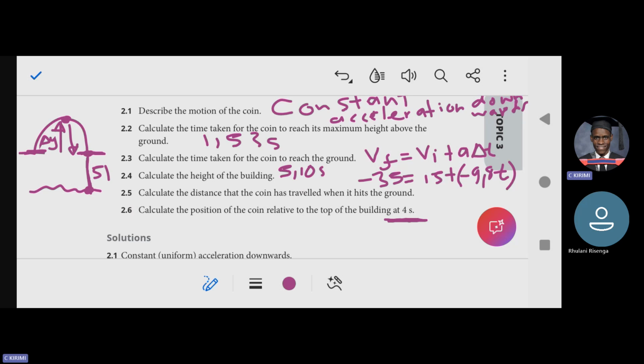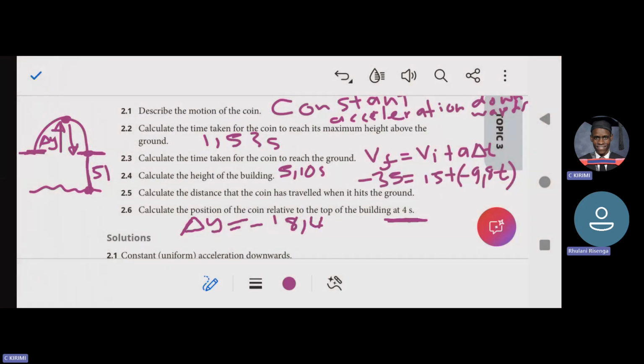Relative to the top. It's negative 18.4. So how do you interpret that change in Y of negative 18.4?